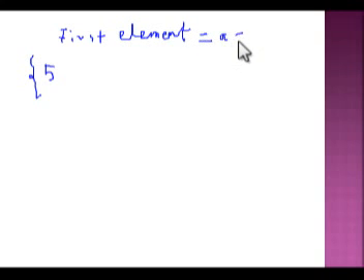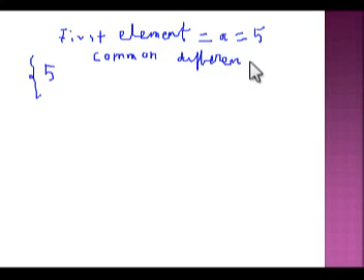Suppose the first element is 5, denoted by A, and the common difference, denoted by D, is 3, and this is an increasing sequence. Then the next term will be 8, the third term will be 11, and another term will be 14, and so on.